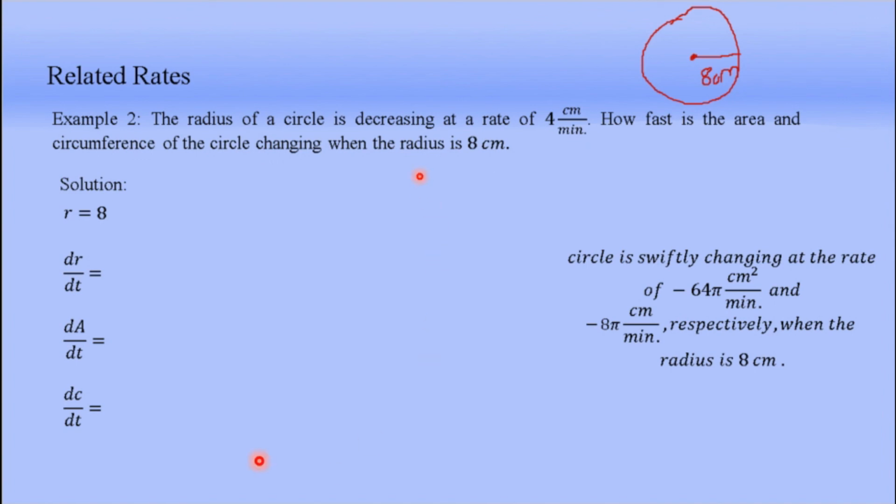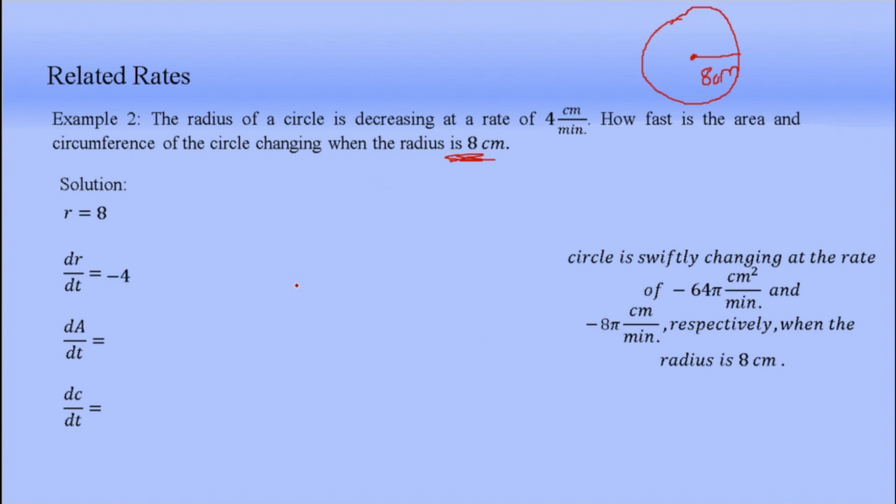So again, the radius is 8, and this negative 4 pertains to the derivative of r with respect to t.